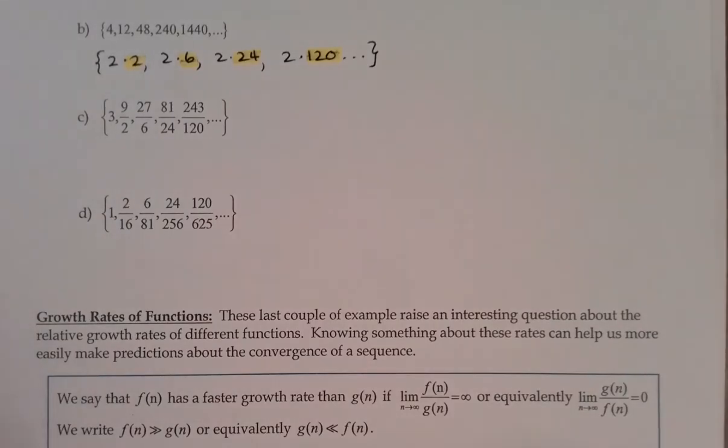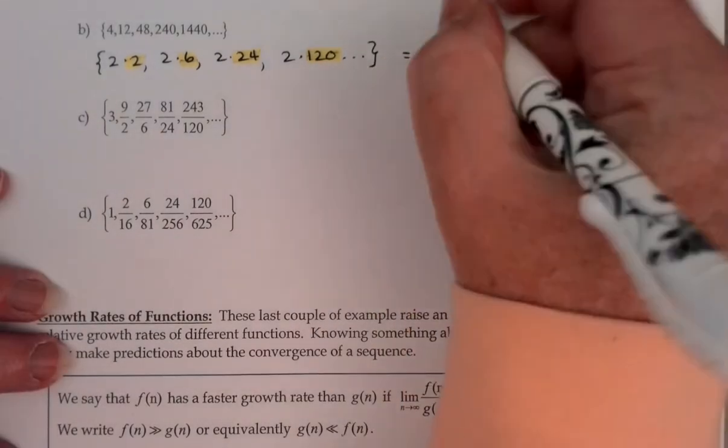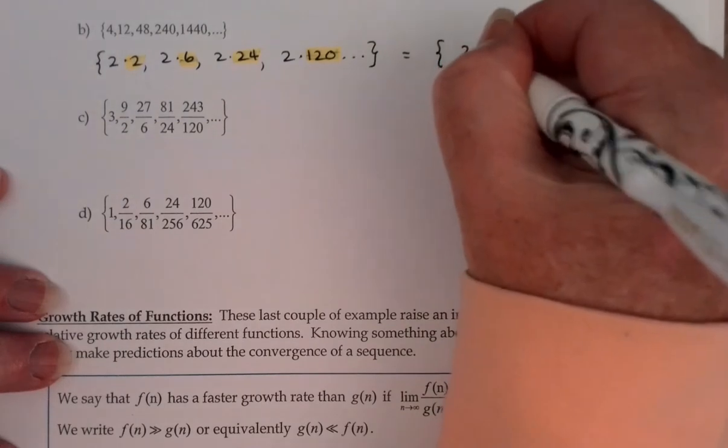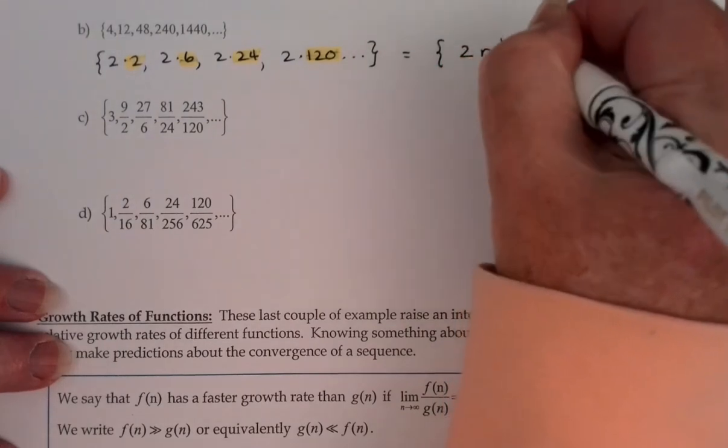Every single one of these is a factorial. So let's see, this would be 2 times n factorial.